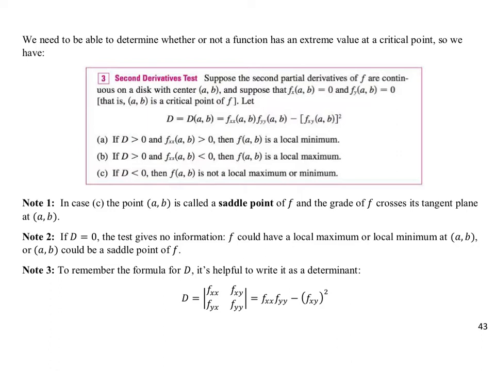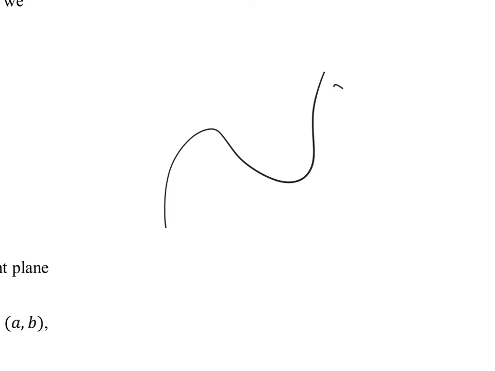Now, in single variable calculus, you learned about this test. Basically, this test said that if you have a particular graph, let's say you have f of x like this, and you had some point right here that was a minimum, the derivative at this point is equal to 0 because the tangent line is horizontal, so the slope is 0.